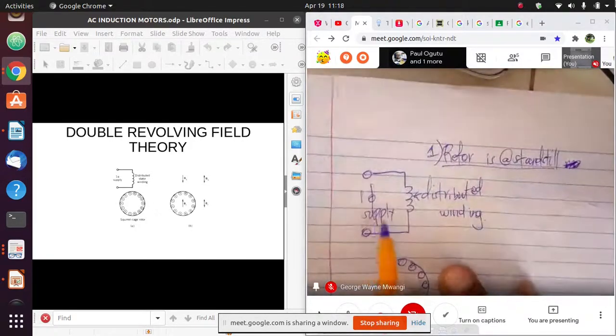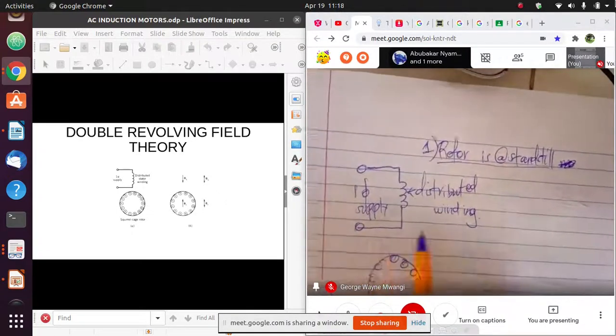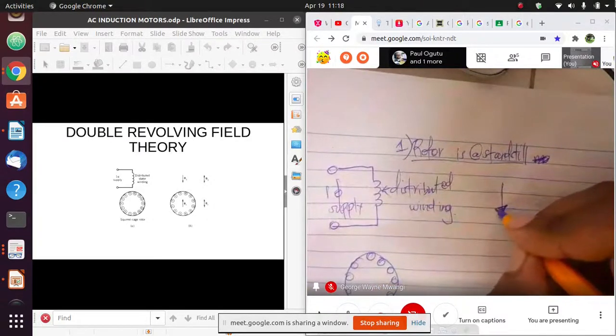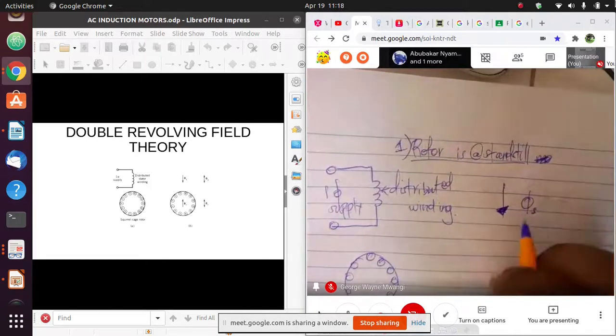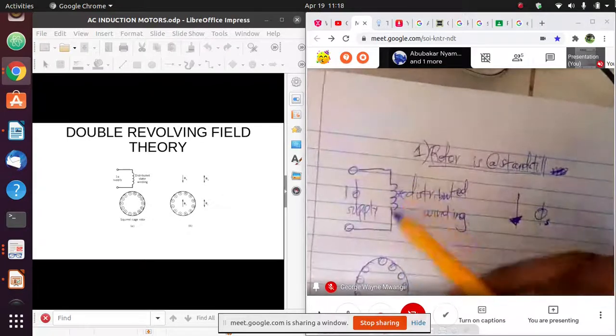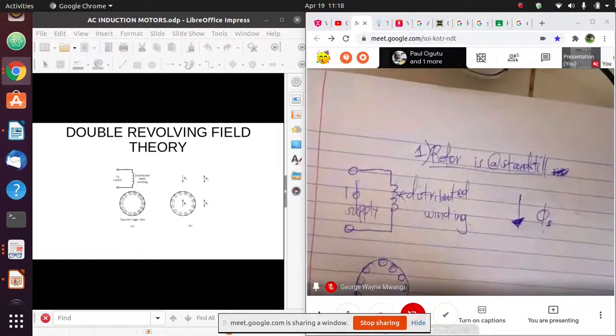So once you supply AC into this stator, a pulsating flux is usually produced. So a pulsating flux is produced, and this pulsating flux is along the same axis as the distributed stator winding.